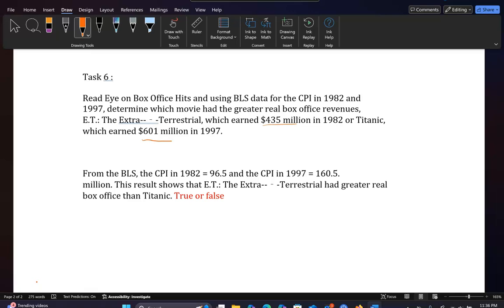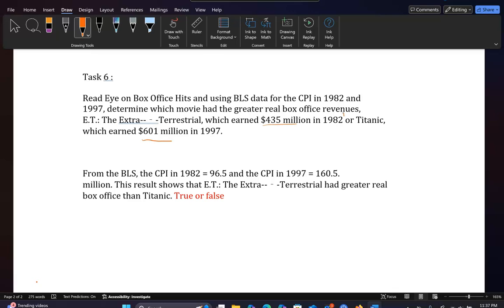Now the CPI in 1982 was 96.5 and 1997 that was 160.5. We have to answer the true or false. ET earned greater box office revenue than Titanic.